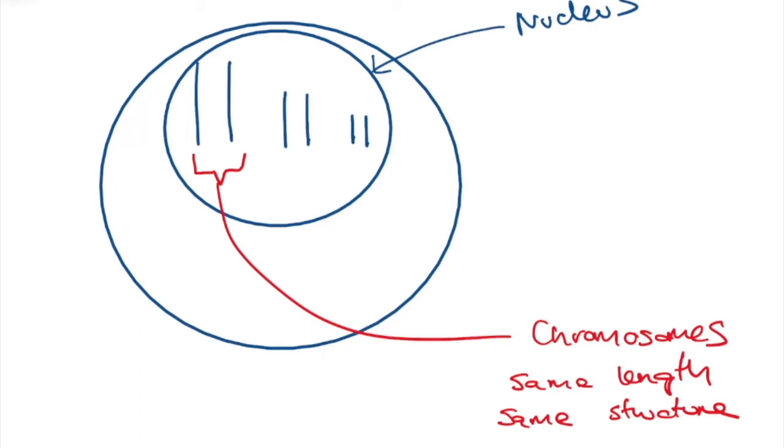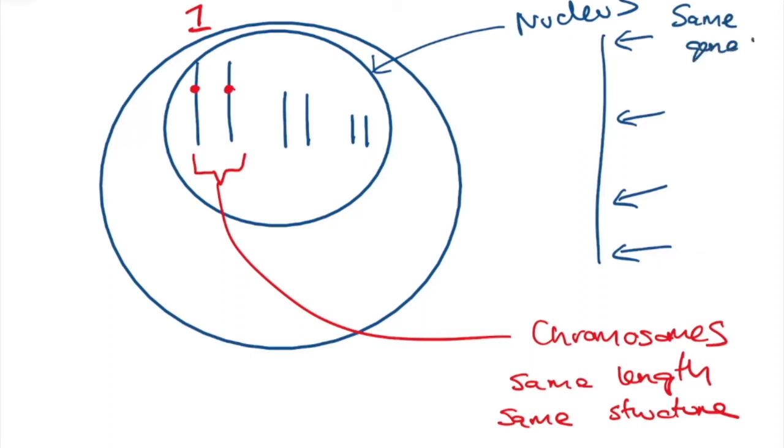So let's say for this organism that this is chromosome number 1, and it has 2 chromosomes which are the same length, which have the centromere in the same position, and then if we were to zoom in and look along the length of that chromosome, they would have the same genes in the same locations.